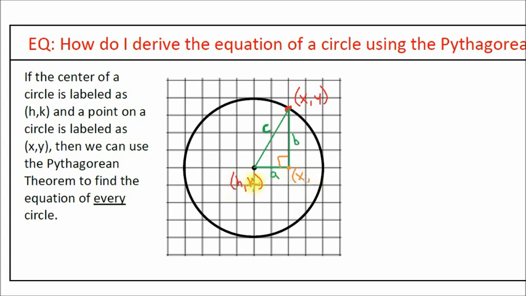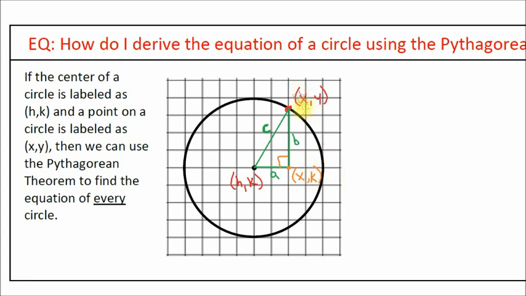And I made a mistake here. This is the k value, this is the y value. As you move horizontally, your y value does not change, so this is still going to be k. That's x comma k.